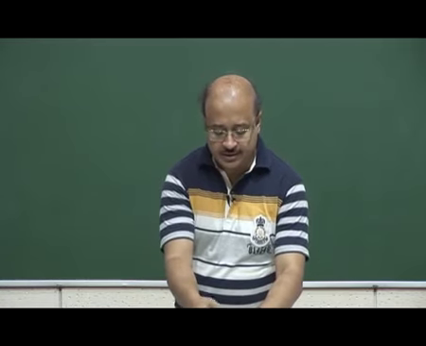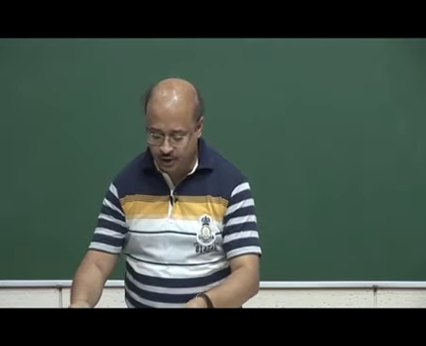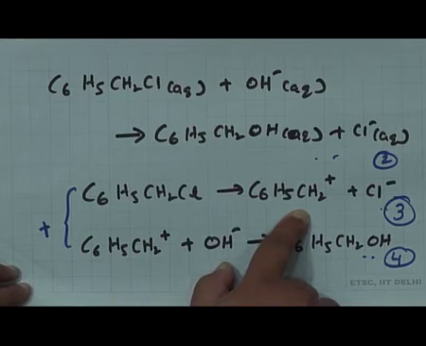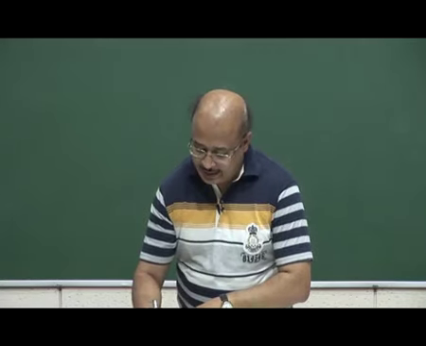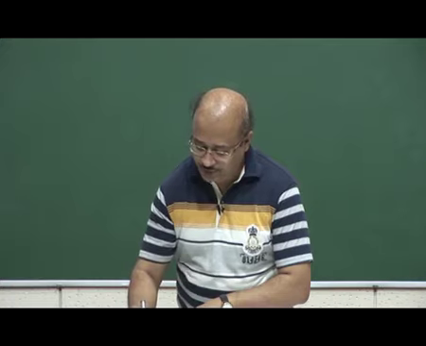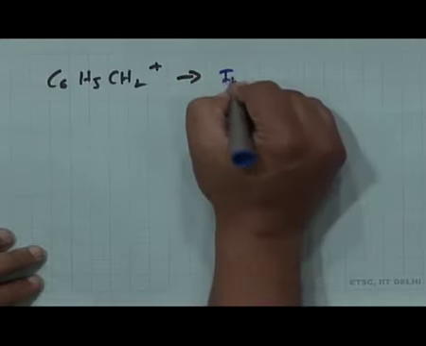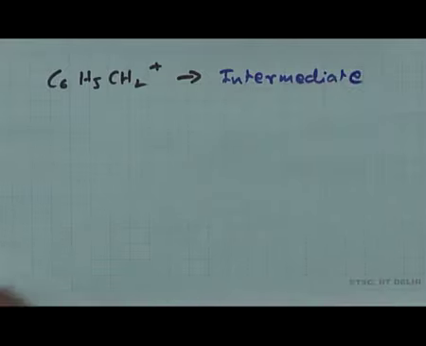And when we were looking at this complex reaction, you saw one thing also: it was giving rise to a carbocation, the benzyl cation, C6H5CH2 plus. This C6H5CH2 plus carbocation in this case is referred to as the intermediate species, or the intermediate in your reaction.